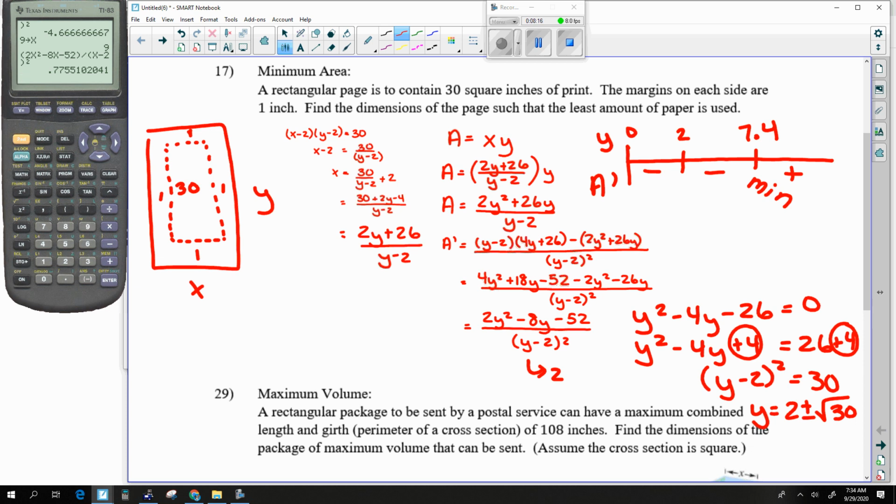So find the dimensions of the page. Okay, so that means the height, or whatever, is 2 plus root 30. And if that's the case, I'm assuming the x is the same thing. Yeah, it'd be the same thing. So 2 plus root 30 minus 2 is root 30.